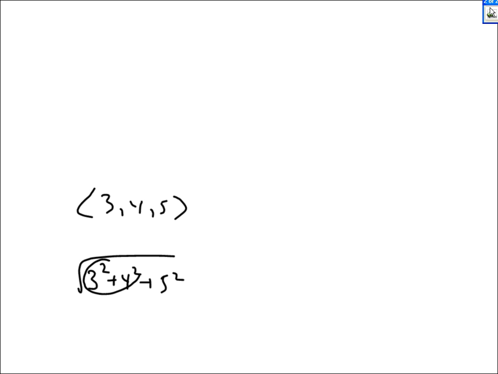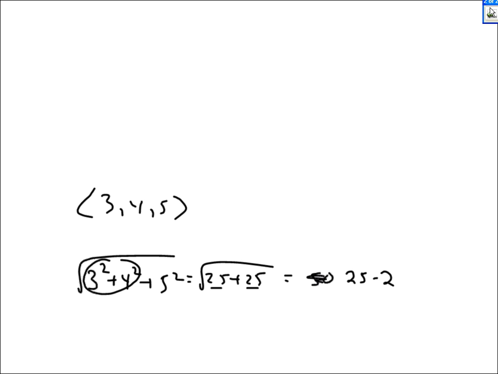If somebody gives me the vector 3, 4, 5, and they say normalize it, well, I compute the length. I know that's 5 squared plus another 5 squared. Now, rather than adding them, you should get in the habit of saying that it's 25 times 2.